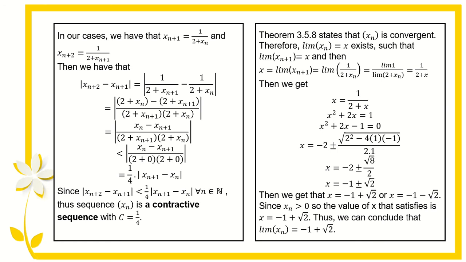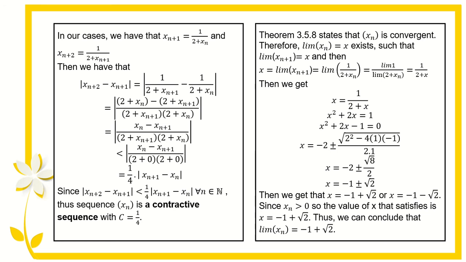We apply using the ABC formula. Then we have that x equal to minus 2 plus or minus square root of 2 power 2 minus 4 times 1 times minus 1, over 2 times 1. Then x equal to minus 2 plus or minus square root of 8 over 2.